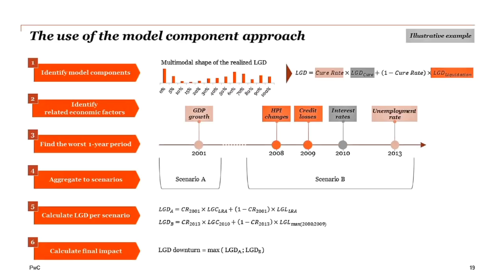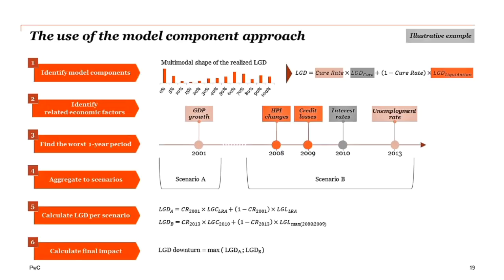On the next slide, we may quickly go through the simplified example of application and use of model component approach. And I hope that after this example, the high-level methodology would be clear. Let's start with step one. Here we made an analysis of realized LGD distribution, and we have noticed that there are two concentration points. So it is good to define three model components and differentiate the losses at the time of cure and at the time of liquidation.